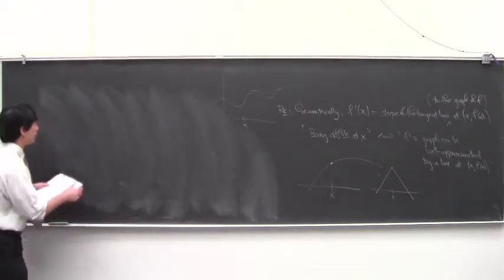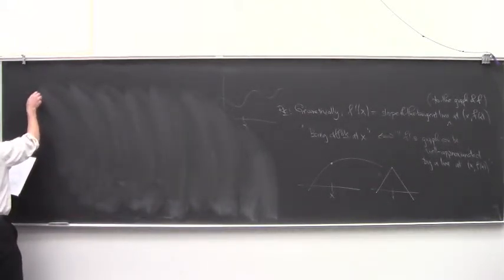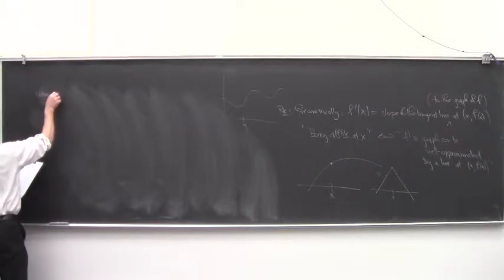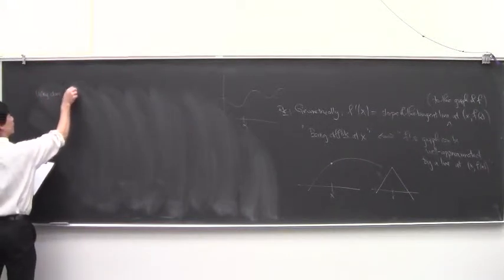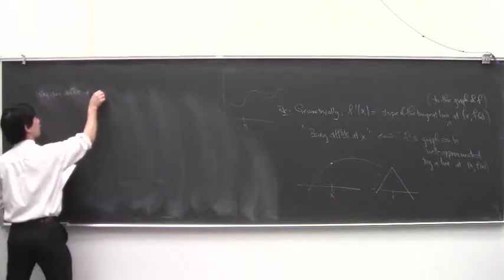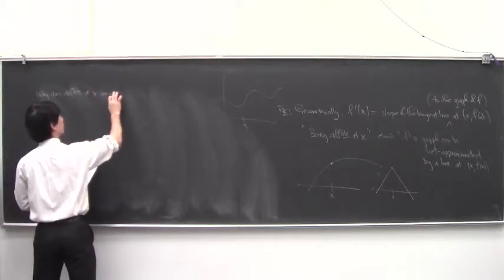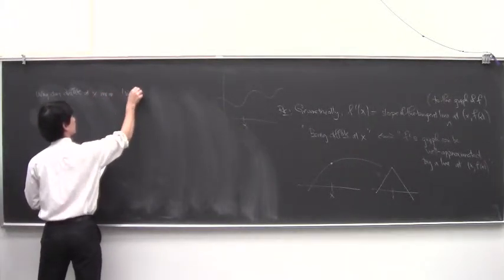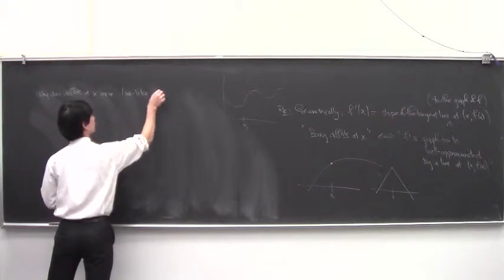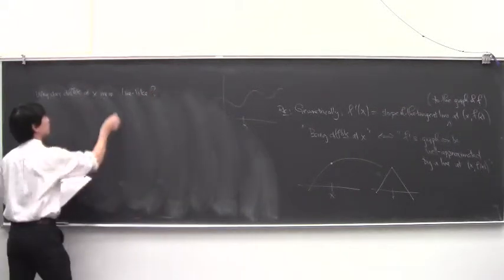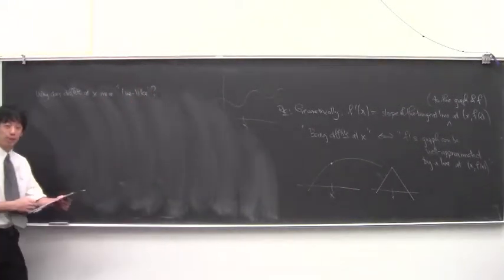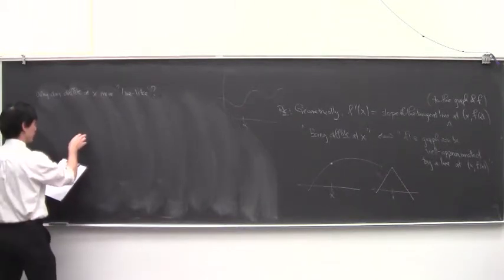So why does differentiable f(x) mean line-like? Why does this happen?